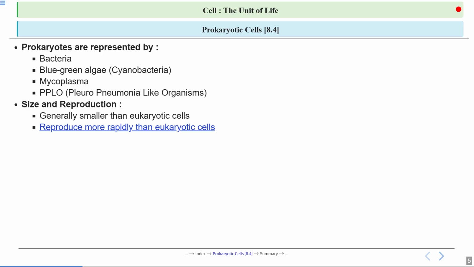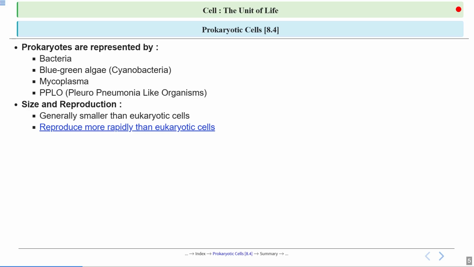Now, prokaryotic cells reproduce more rapidly than eukaryotic cells. We all know that bacteria can divide rapidly. And what is the lifespan of a human cell, or in how many hours does the human cell divide into two? A human cell divides in 24 hours.